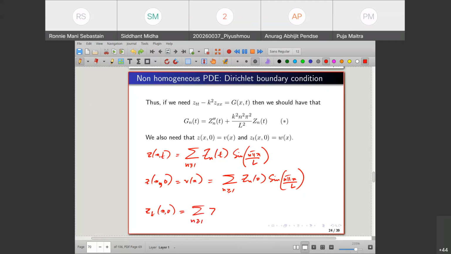And similarly, we have z_t(x, 0) is going to be the summation n greater than or equal to 1 of Z_n'(0) sine(n pi x / L). And this we want to be equal to w(x), once again a function that we know, so we can compute its Fourier sine series. Therefore, from this we will get the values of Z_n(0) and Z_n'(0), and we have this second order differential equation in one variable, so the solution will be unique.